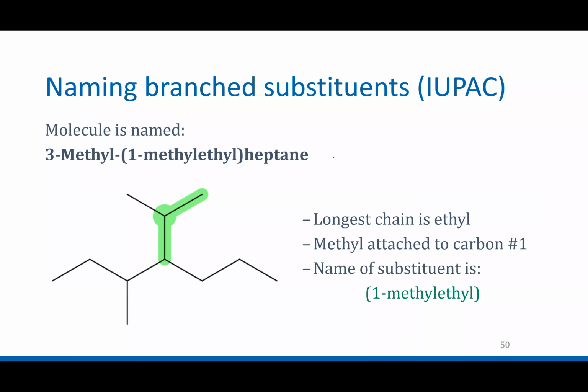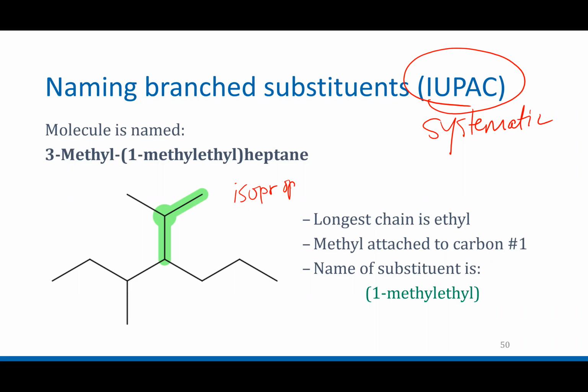So naming branch substituents using the IUPAC or systematic method, you guys might like this a lot easier. So on a test, I'll take both. So you guys might call this isopropyl, but you could also name this using systematic naming.